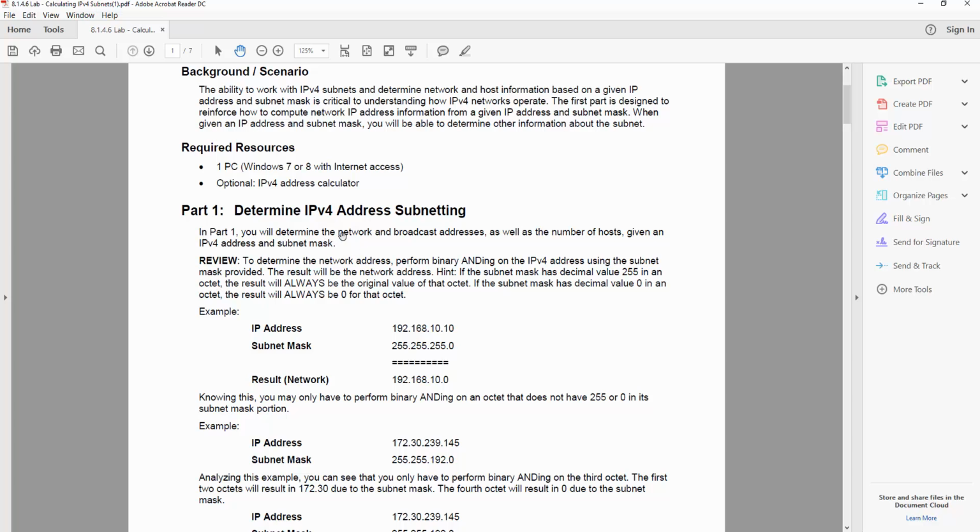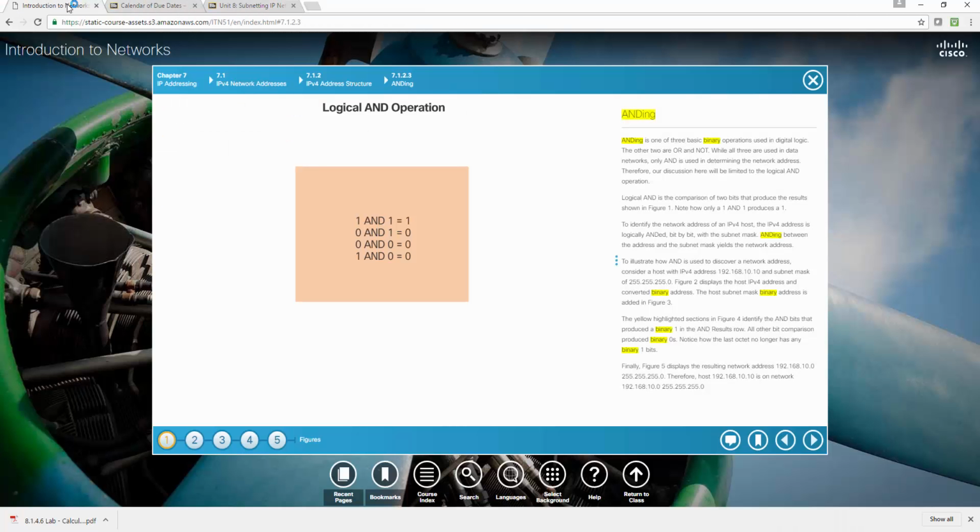In part 1, it explains to you binary ANDing. This is from chapter 7. So when you were in chapter 7 and you are reading and watching videos about IP4 structure and how to figure out the network address, we used binary ANDing. So you might want to go back to section 7, 1, 2, 3 to see how that works.